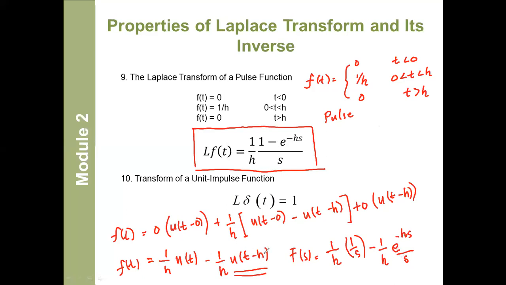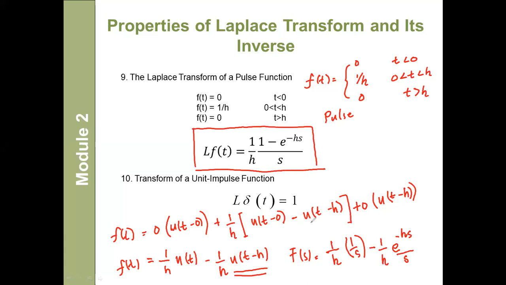So if this is a 10, this should be 10s over s. So what was done is you have the factoring of 1 over h in here, and then the s that appears in the denominator, and you have this 1 and e raised to minus hs.